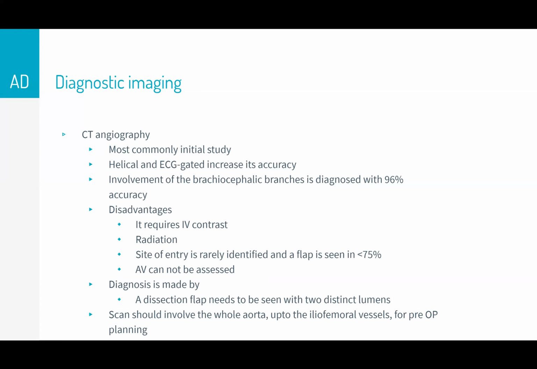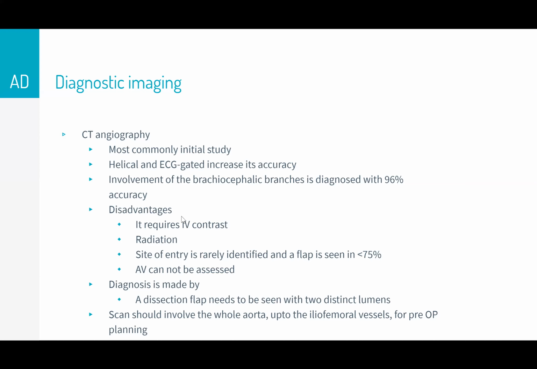These additions, the spiral technology and ECG gating, increase the accuracy of CT scan because they reduce the artifacts caused by the movement of the aortic wall during systole and diastole. It is also good to assess for the involvement of the brachiocephalic branches. It makes the diagnosis with 96% accuracy.